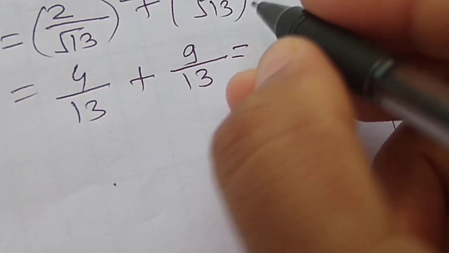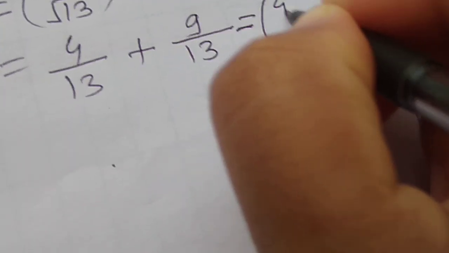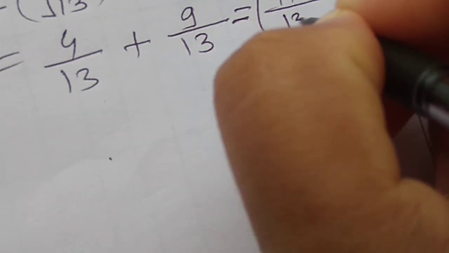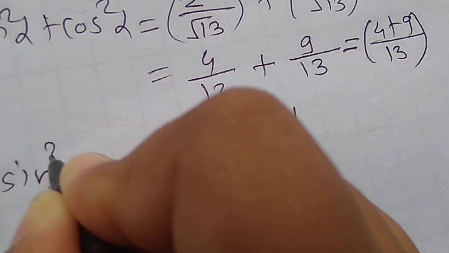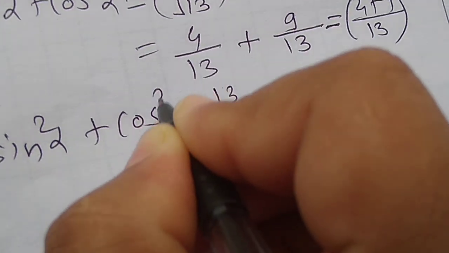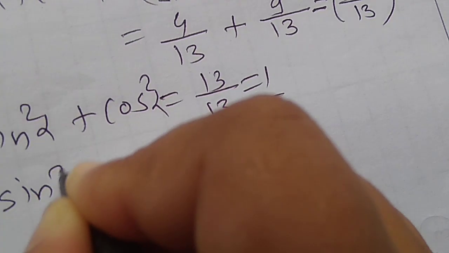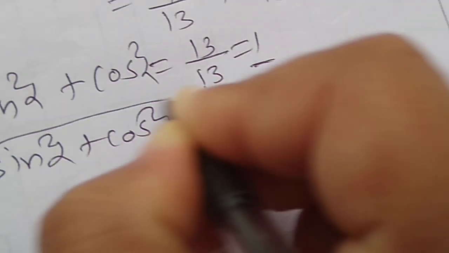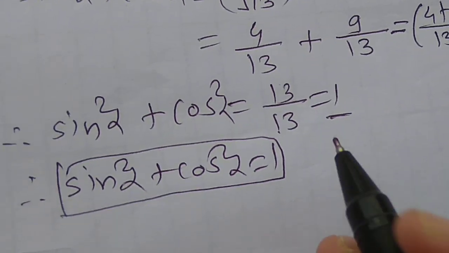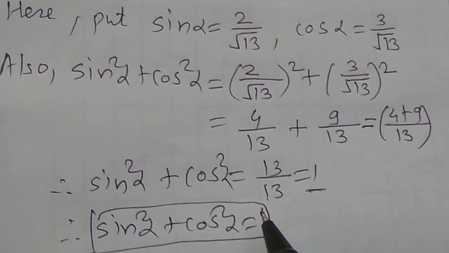Now here base is same, so directly addition of numerator. So 4 plus 9 upon 13 that is 13 upon 13 that is 1. So here we got sin square alpha plus cos square alpha is equal to 1.